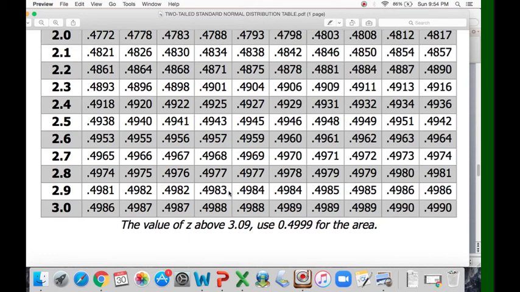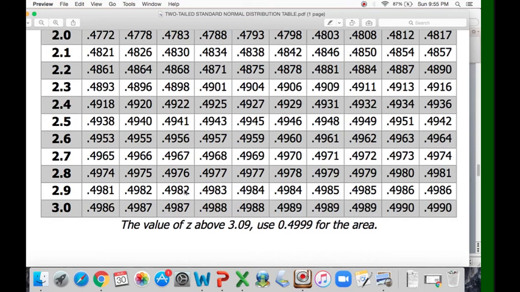Now, what if naman nakabigay yung area, hanapin mo yung z-score, pero yung mga area na nakabigay ay pare-pareho. Halimbawa, ito, 0.4982 at 0.4982. Ang given na area is 0.4982. So, dalawa sila. So, ang gagawin natin is isusulat natin pareho lang yung z-score nila. So, that is 2.92 and 2.93. Yun yung kanilang z-score.